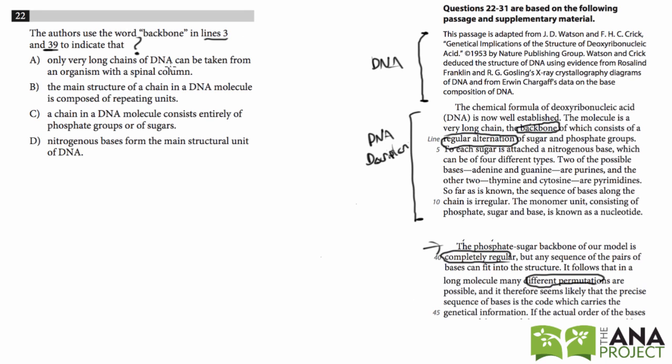So again, as you can see, I'm not just reading lines 3 and 39, I'm also reading around lines 3 and 39. So this is line 3, but in line 4, I found regular alternation. Then after line 39, in line 40, I found completely regular, different permutations.